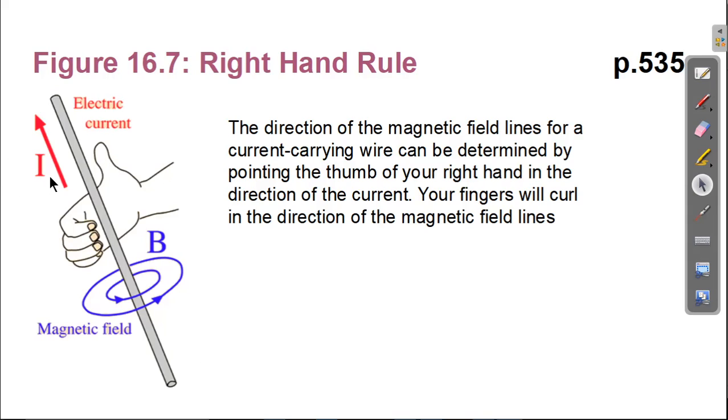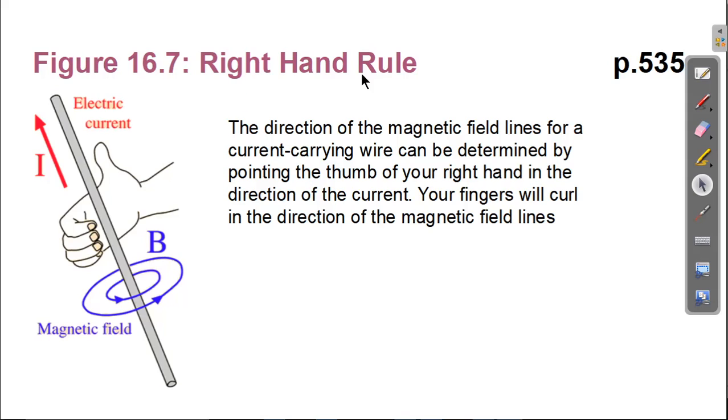But right here, the current is pointing up. So your thumb always points in the same direction as the current. The way your fingers wrap around the wire is the direction your magnetic field is turning. So look at your fingers. The fingers are going this way. The magnetic field has arrows going that way as well.